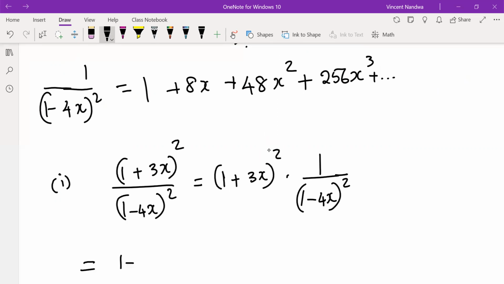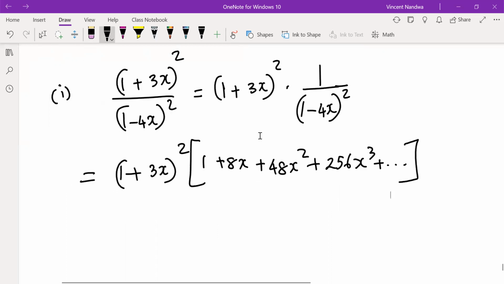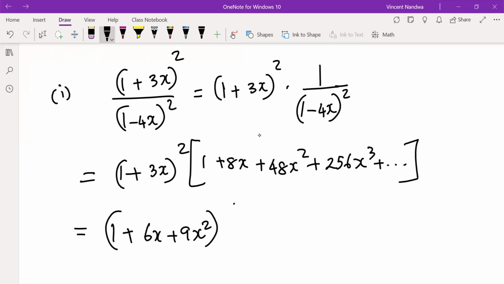Now this as a series is 1 plus 8x plus 48x squared plus 256x power 3. And then this is a bracket to expand. So it will be 1 plus 6x plus 9x squared. So you multiply by 1 plus 8x plus 48x squared plus 256x power 3.